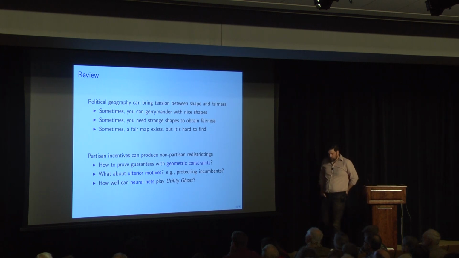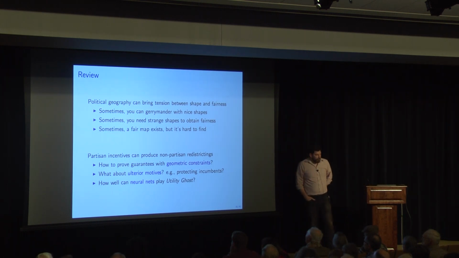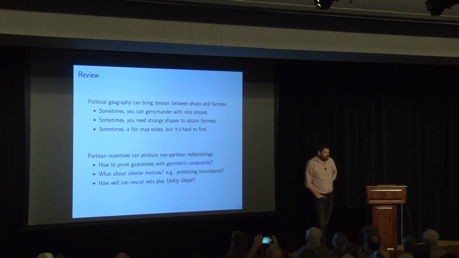Sometimes it's difficult to find a fair map amongst compliant maps, even if it exists. I showed you some redistricting protocols. It looks like you can have a bipartisan protocol that delivers a nonpartisan outcome. So even though both parties are trying their best to gerrymander in favor of their own party, they accidentally represent the people.